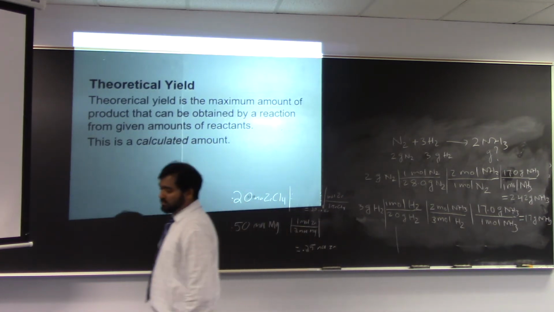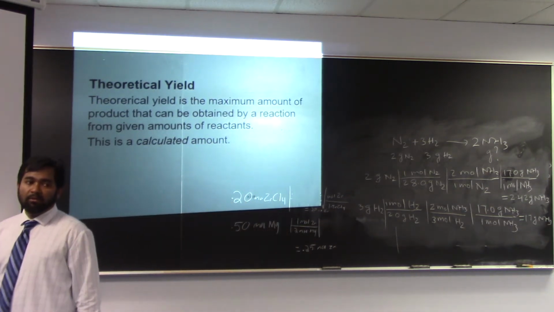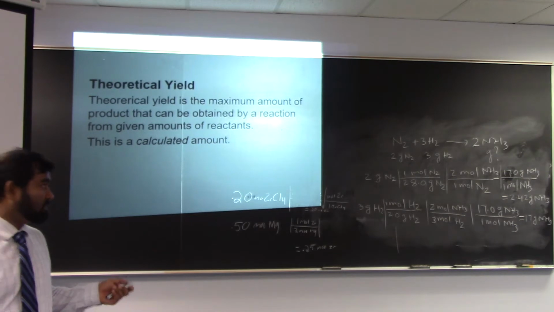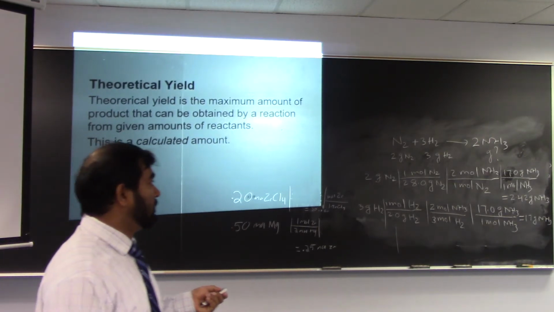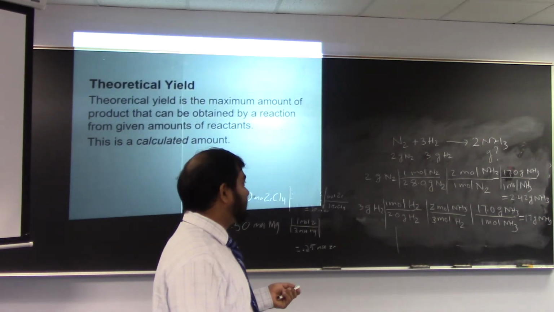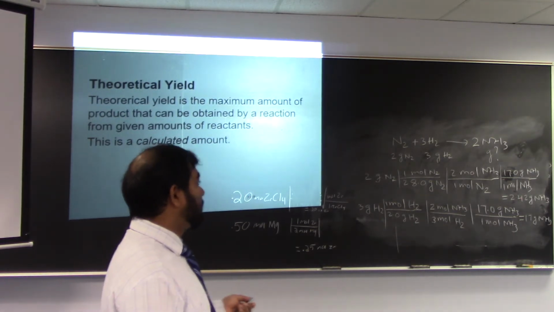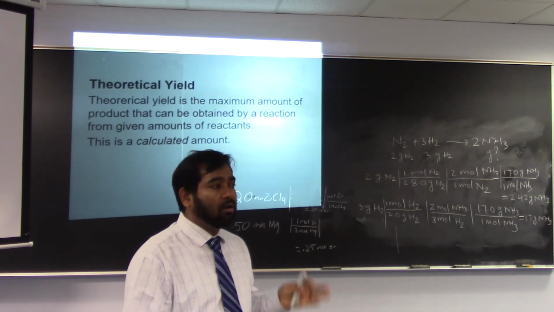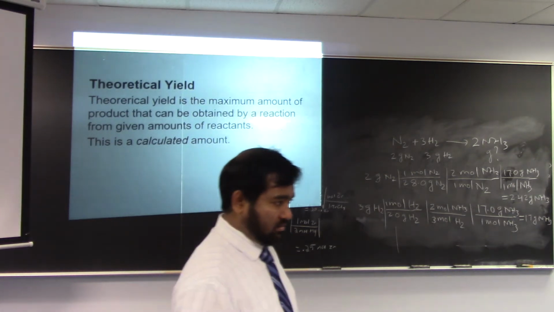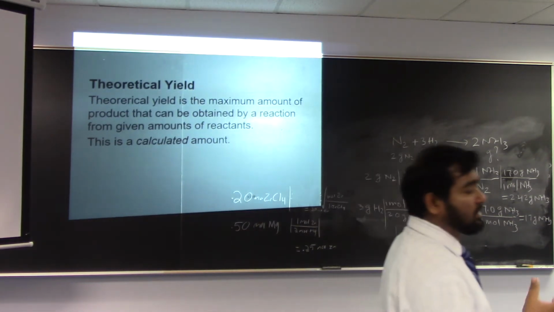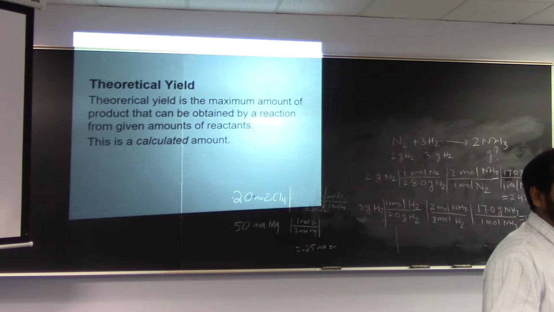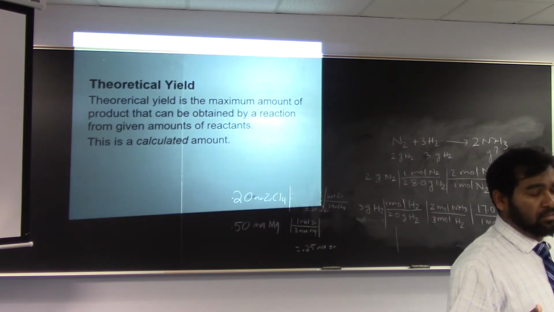You want to make ammonia, so you don't get exactly 2.4 gram if you really use 2 gram of nitrogen. There will always be a certain amount of byproduct. Some compound, some reactant must be wasted. That always happens.